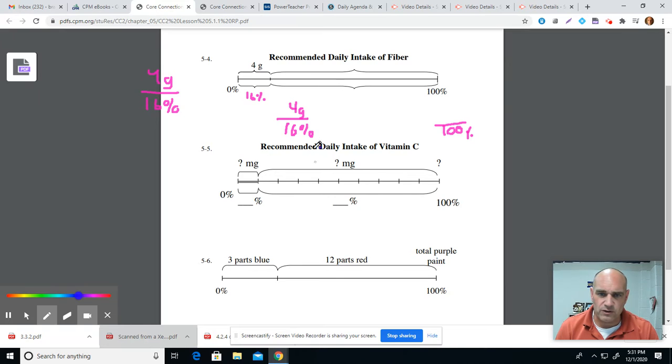And here's what I would do. I would divide these by 4. And the reason I would divide this by 4, because then that gives me 4%. 4 divided by 4 gives me 1 gram. Now, can I work my 4% up to 100%?